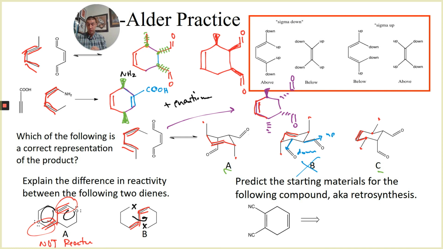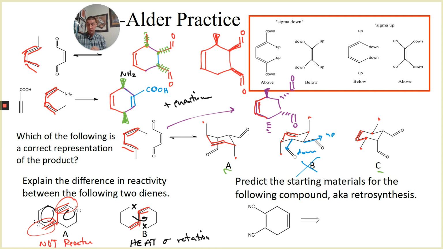It's just not in its active state right now. Okay? So this probably needs a little bit of heat to allow a sigma bond rotation. With that sigma bond rotation, we can get into the S-cis, and we'd be able to run that reaction.